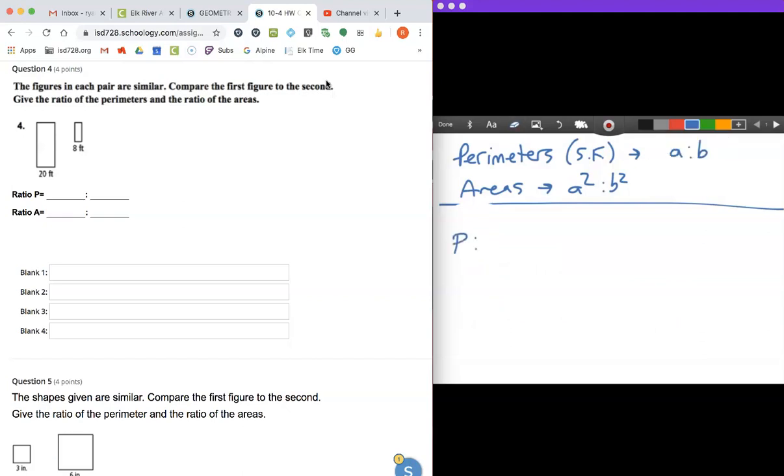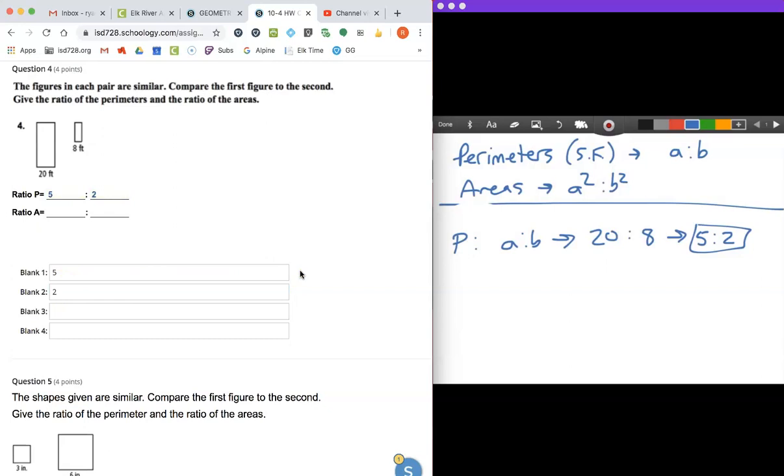For perimeter, that's just A to B. The first figure has a length of 20. The second figure has a length of 8. We don't leave it like that because that's not simplified. 20 and 8 have the number 4 in common, so 5 to 2 would be my answer for number 4.